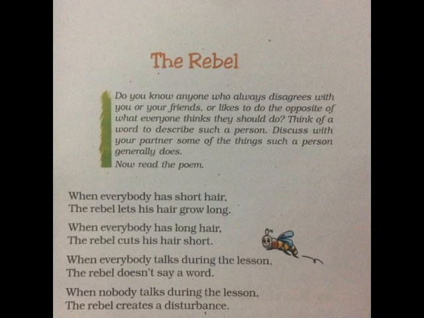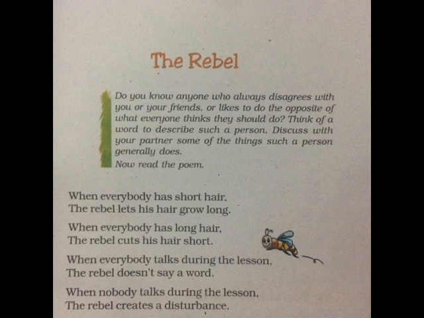Let us see the summary of the poem. When everybody has short hair, the rebel lets his hair grow long. When everybody has long hair, the rebel cuts his hair short. In these lines, the poet highlights the rebel's nature.